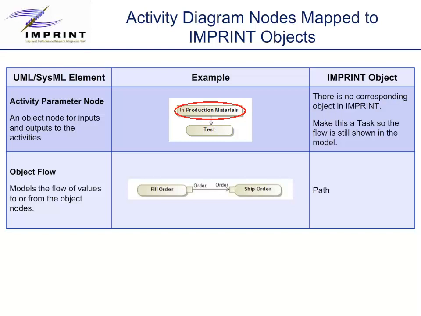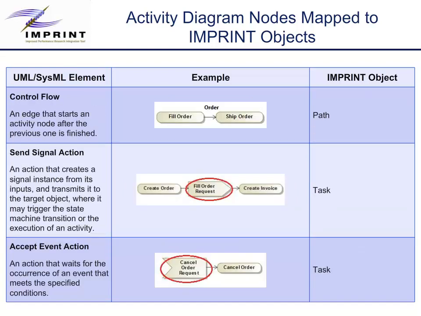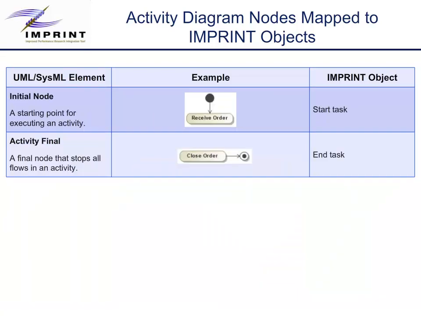An object flow in MagicDraw comes in as a path in IMPRINT. The control flow comes in as a path. The send signal action comes in as a task, and the accept event action comes in as a task as well. The initial node comes in as a start task in IMPRINT, and the activity final node comes in as an end task in IMPRINT.